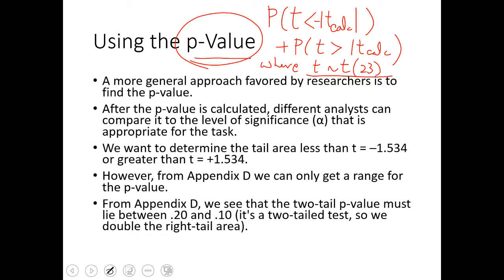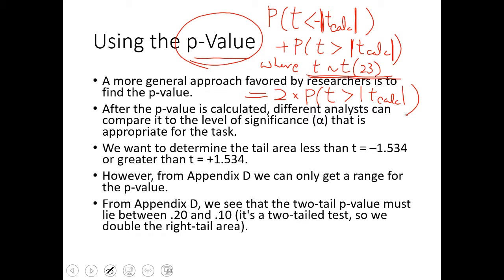So that is the p-value of the two-tailed test. Since the t distribution is symmetric, that is two times the probability that t is greater than the absolute value of t-calc.